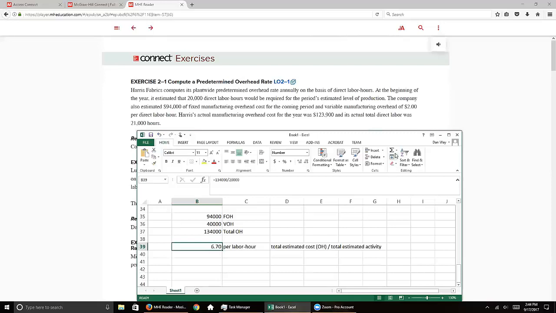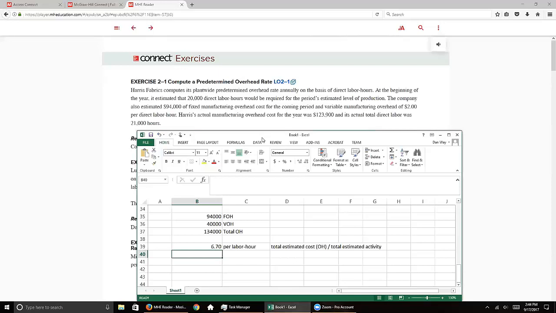Okay. Yeah, there aren't like the function wizard. There isn't a management accounting one for overhead stuff. It does rely on us kind of remembering the components of it. Okay.